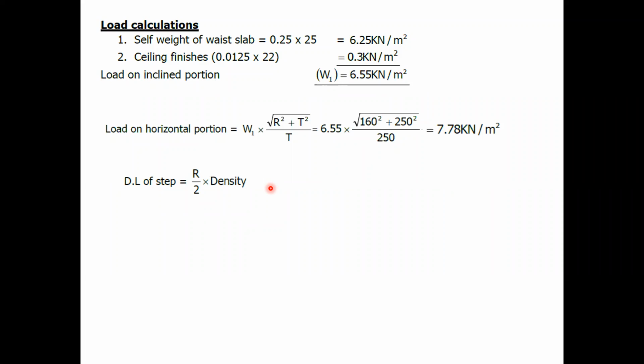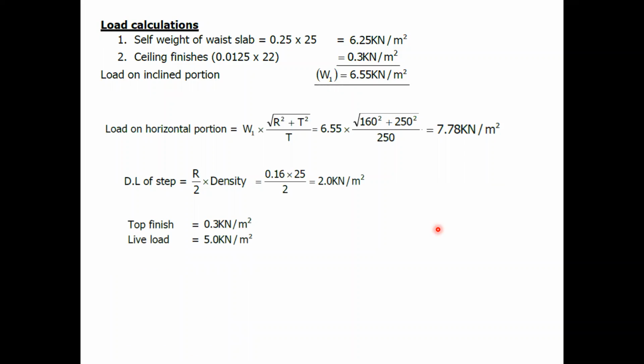R is 0.16, that is nothing but riser. Density is the density of concrete, that is 25. So you'll get 2 kilonewton per meter square. Is it clear? Yes, sir.